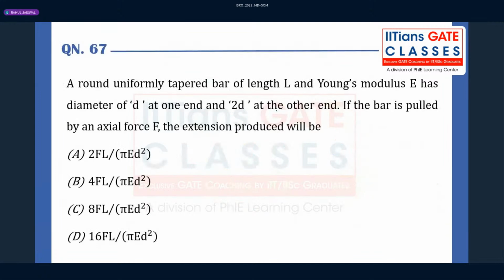Now try to see this particular question. First of all, read it. Do not directly jump to the conclusion. First, see very carefully with open eyes and try to answer it.